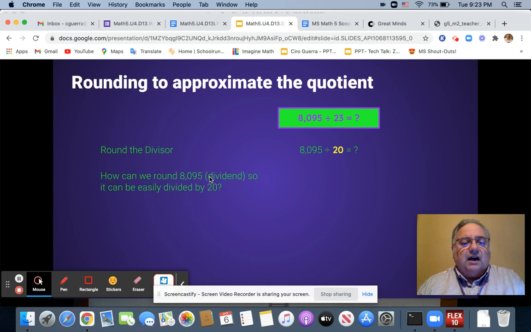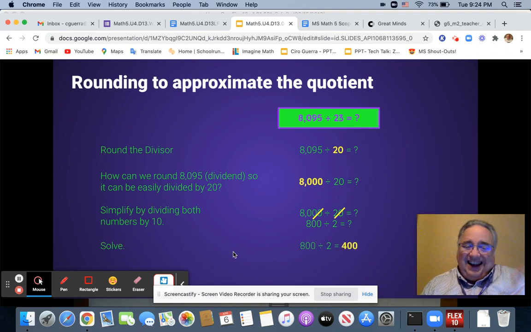Then we round 8,095 so that it can be easily divided by 20. That gives us 8,000 divided by 20. Simplify by getting rid of the zeros. 800 divided by 2 equals 400. Excellent. We're doing great.